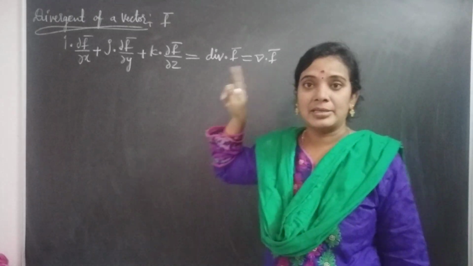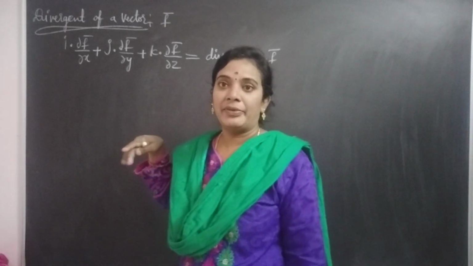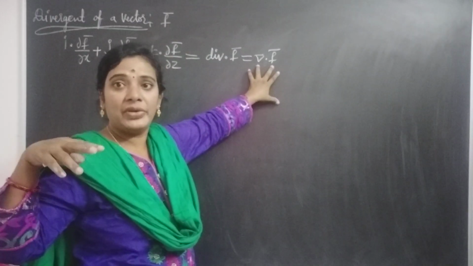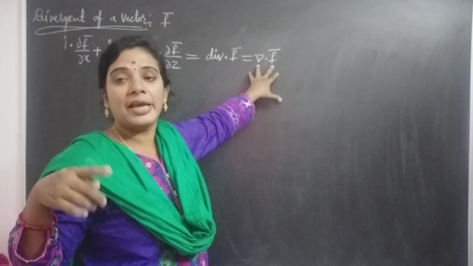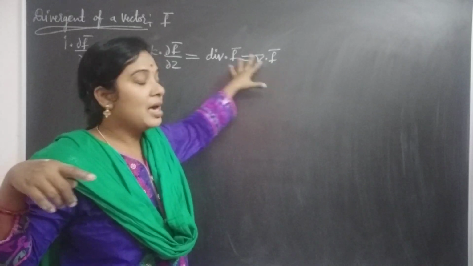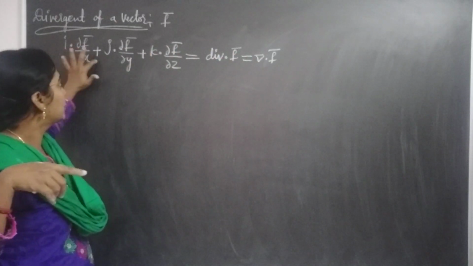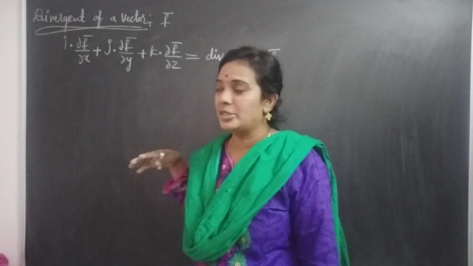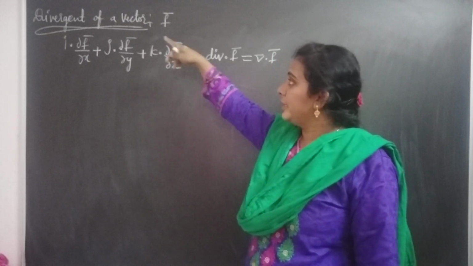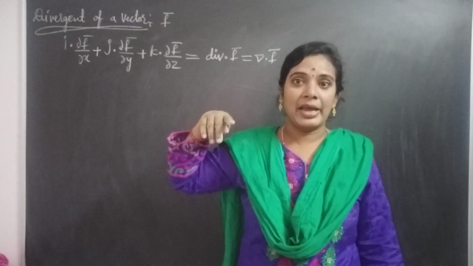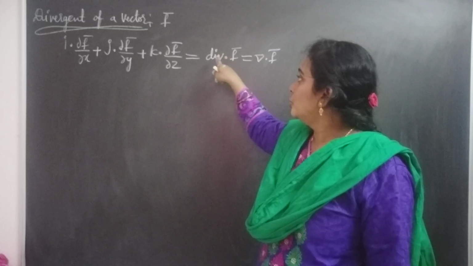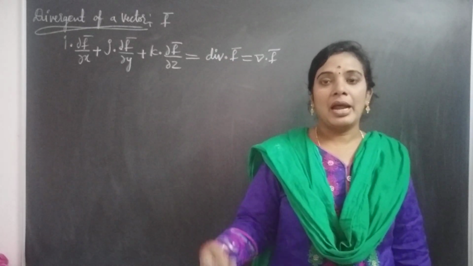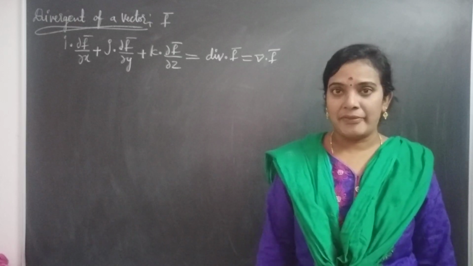F vector is also a vector defined in a particular region. Then the dot product between the operator del and f vector is i dot dou f bar by dou x plus j dot dou f bar by dou y plus k dot dou f bar by dou z. It is called the divergence of a vector f bar, and it is denoted by div f bar, or simply div f bar, and another notation is del dot f bar.